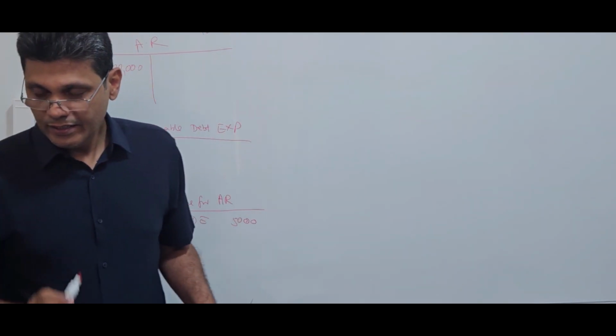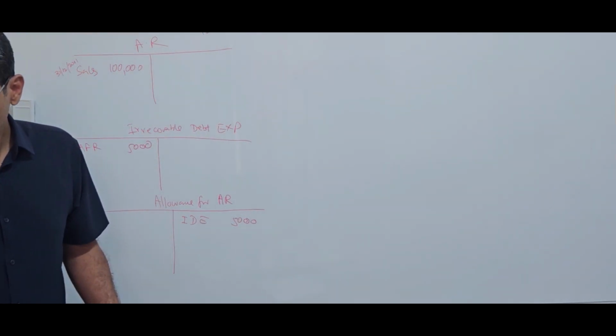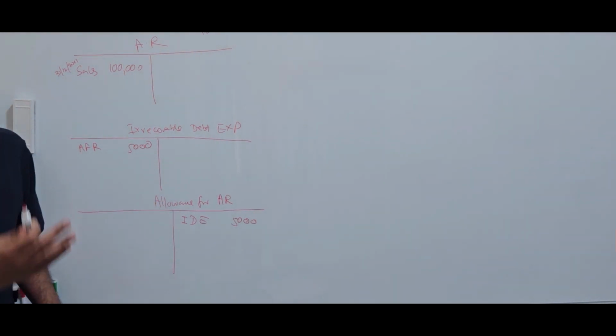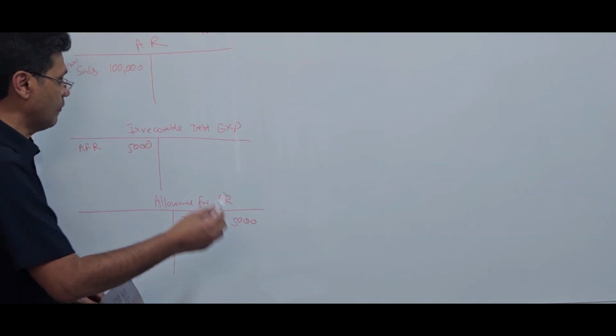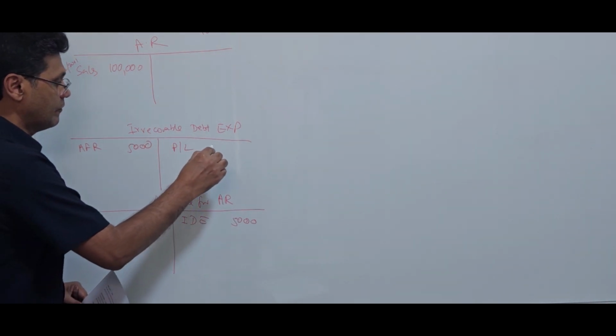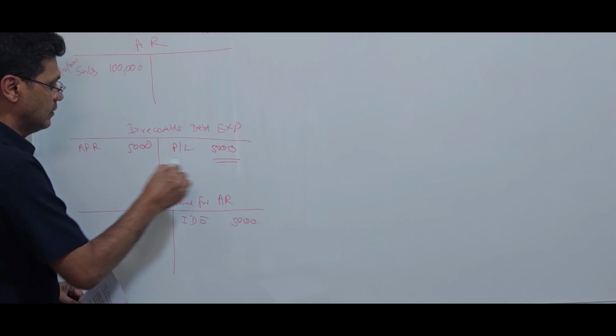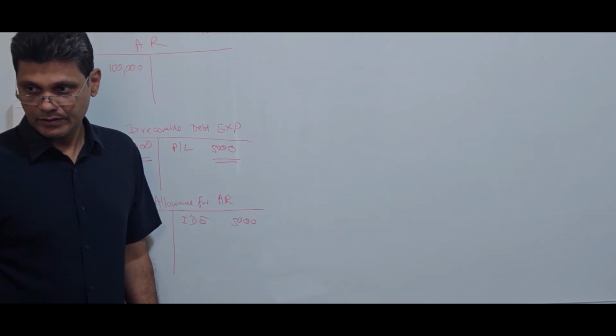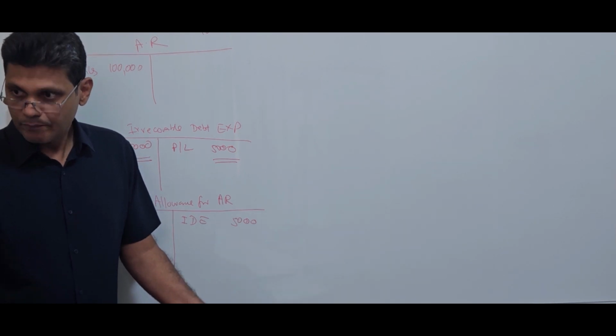At the end of the year, what do you do? You need to transfer this expense account to the P&L account, the profit and loss account, to calculate the profit. So 5,000 will be transferred to the profit and loss account. This is closed. And this allowance for accounts receivable, where do you transfer? To the balance sheet.